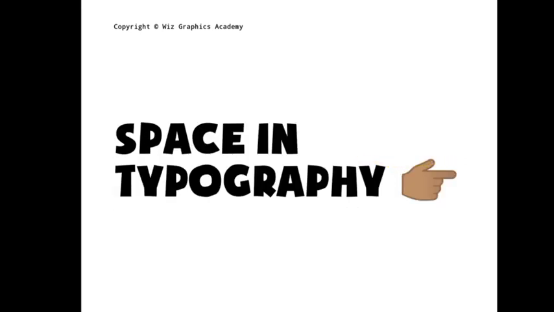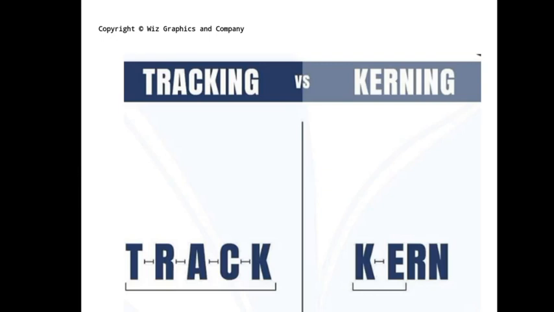Space in typography. So the first thing that we're going to be talking about is space in typography. Now, there are two types of space in typography. So we have the tracking, and we have the kerning space.